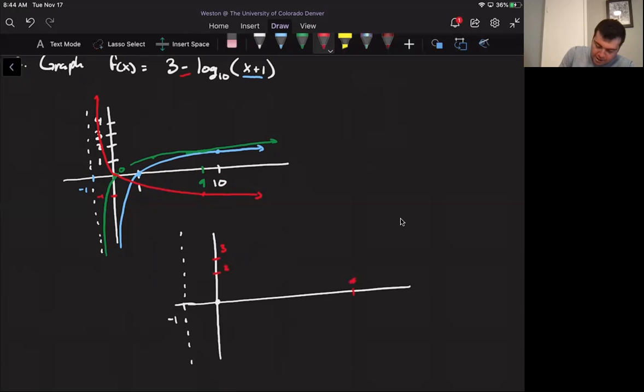Over here at 9, and I'll put 9 actually below because that'll work just a tiny bit better. So we label our important points. It's now 0, 3 and 9, 2. And we just sketch in our curve. And there we go. This is 3 minus log 10 of x plus 1.